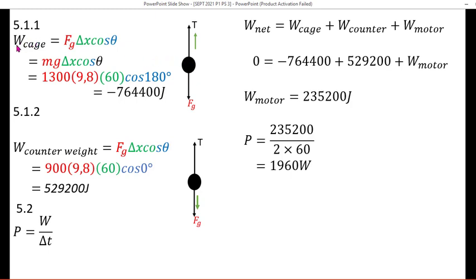So we say that work done by the gravitational force on the cage is work done by the weight of the cage, which is Fg. The gravitational force Fg times the displacement times the cosine of the angle between them, and we remember that Fg is mg, which is mass times acceleration due to gravity, times the displacement times the cosine of the angle, which is 180.